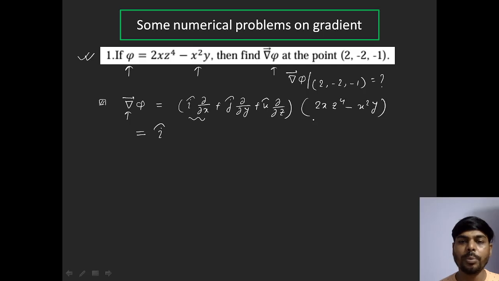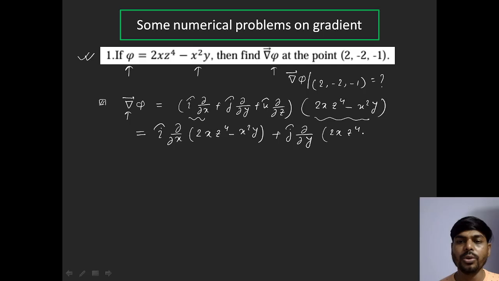First this one will operate on this whole term, i cap del del x will operate on 2x z to the power 4 minus x square y, plus j cap del del y of 2x z to the power 4 minus x square y, plus k cap del del z, the same function 2x z to the 4 minus x square y.